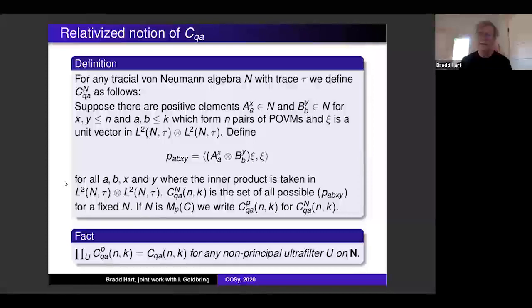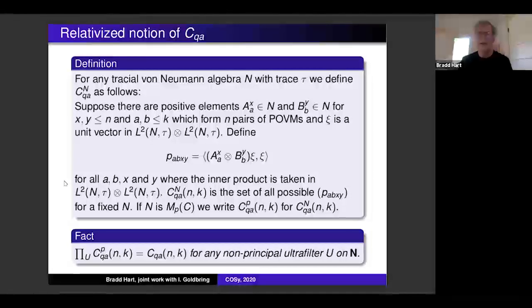Certainly anything I get in the ultra product will ultimately be something that appears in CQA, but anything I get in CQA, the quantum correlations, will appear approximately in the ultra product. So this ultra product fact is one important thing hiding behind the scenes here.